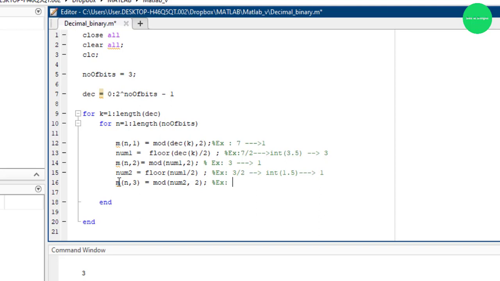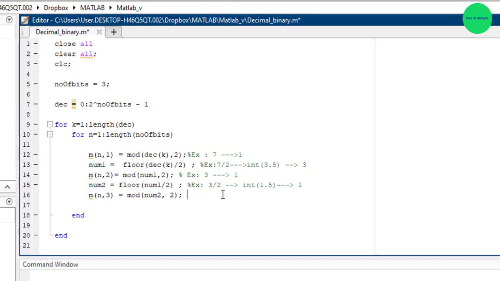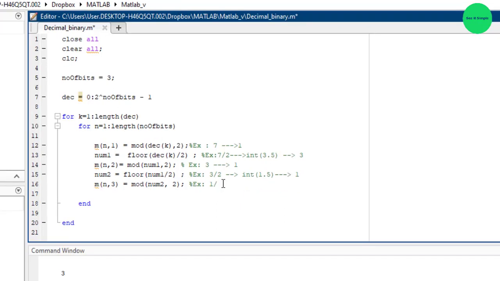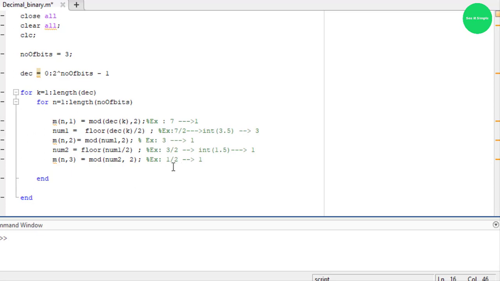For example, that 1 comes here, num2 is 1, then 1 mod 2 means 1. Now you can see. So let's assign into a variable. Let's see what the result is.